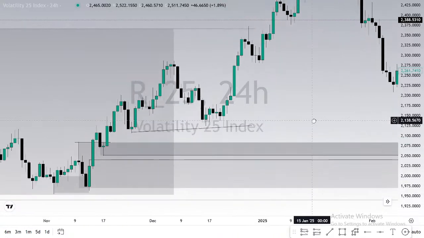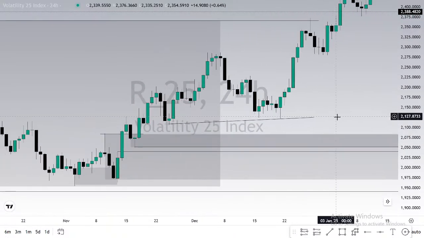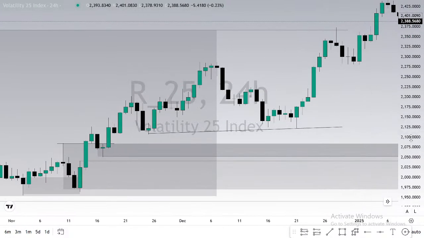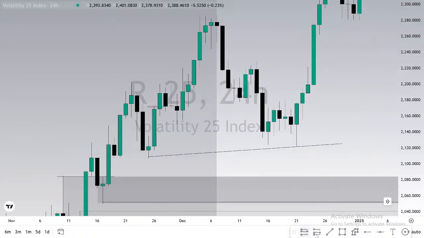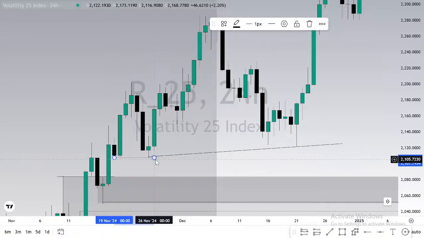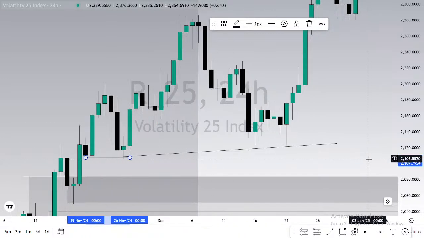We had double bottom. We had what we call Eden double bottom, which is a very possible liquidity. It's a strong possibility, or it's a strong liquidity for market to come back to take.